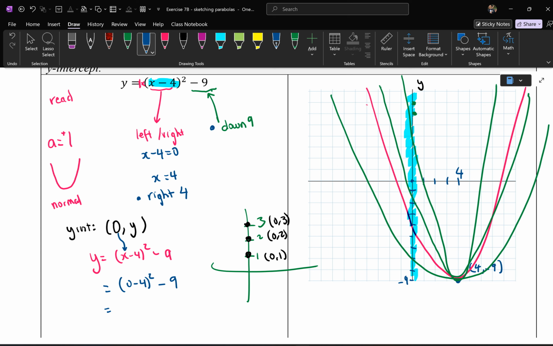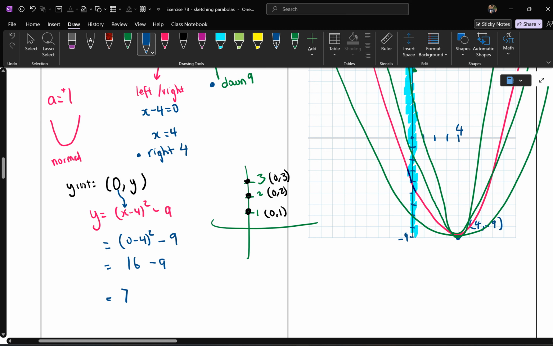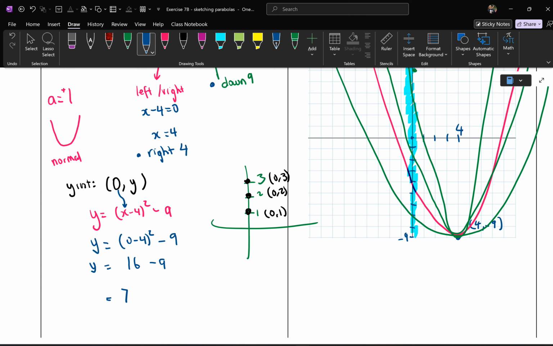Negative 4 squared gives you 16. 16 minus 9 is 7. So that tells me, based on the rule that we've got, to have this graph, x minus 4, move to the right by 4 and down by 9, when x is 0, meaning when it touches the y-axis, clearly y has to be 7. That's the only way for this rule to work.